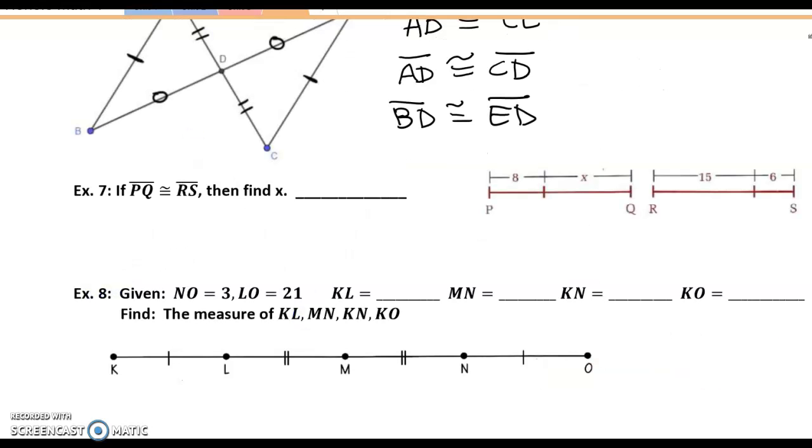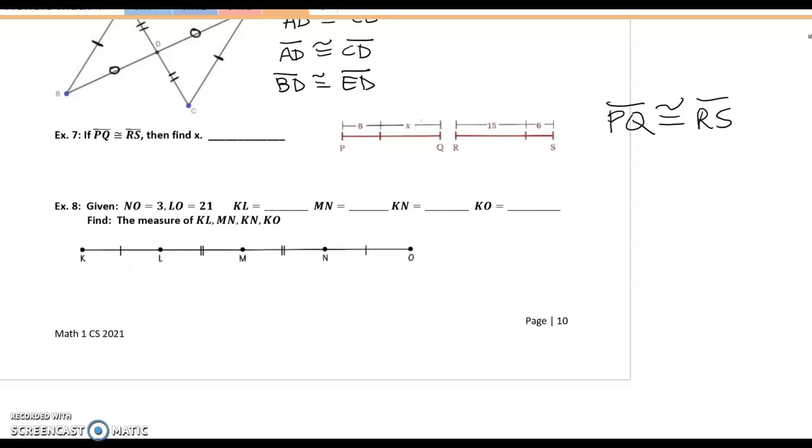All right, so for number 7, we are given a statement that segment PQ is congruent to segment RS, and we are asked to find X. All right, so off to the right here, again, I'm showing you the work that you need to show me on quizzes and tests. We're starting off with what's given. We are given that segment PQ is congruent to segment RS.